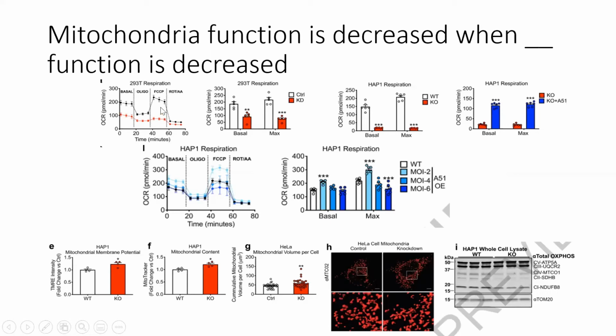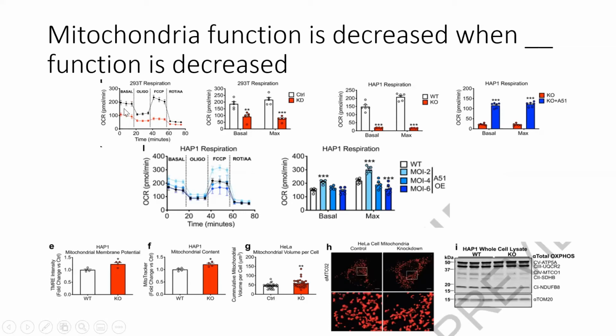So the figure on the left, this one here, is looking at the oxygen consumption rate, and it's showing you the actual graph, the respiration rate as a function of time, right? So this is the basal, this is from time 0 to 20 minutes.